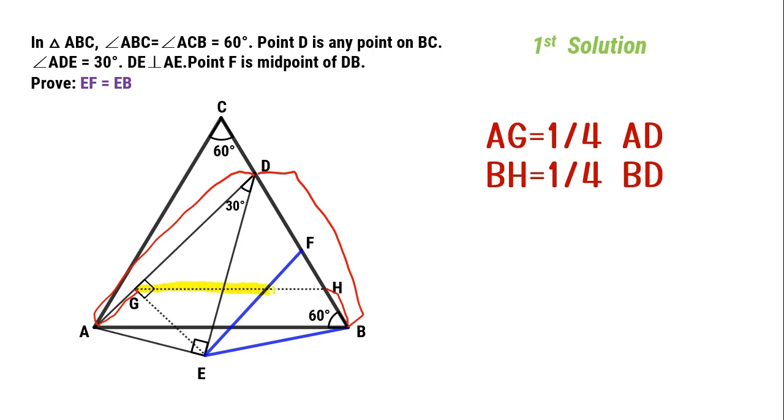We get GH parallel to AB. So angle DHG is equal to angle ABC, which equals 60 degrees.